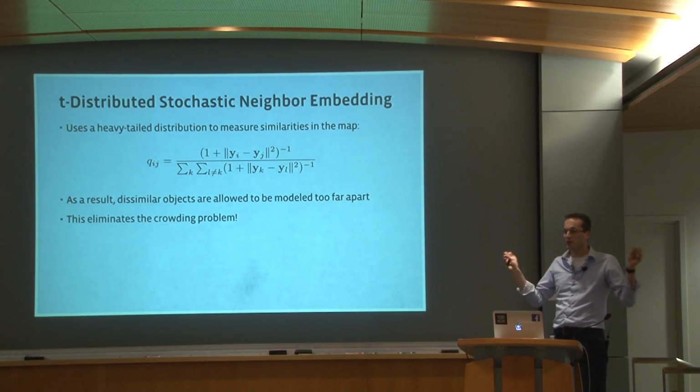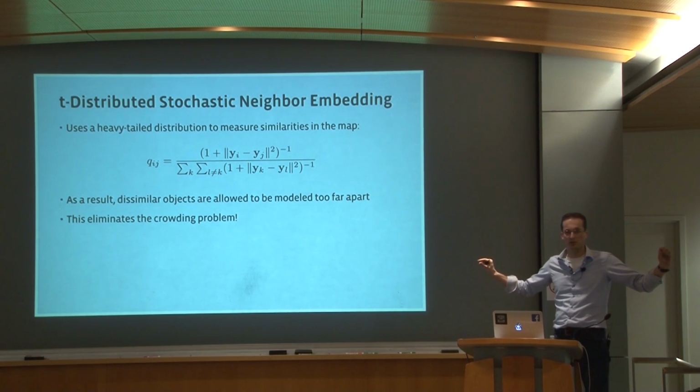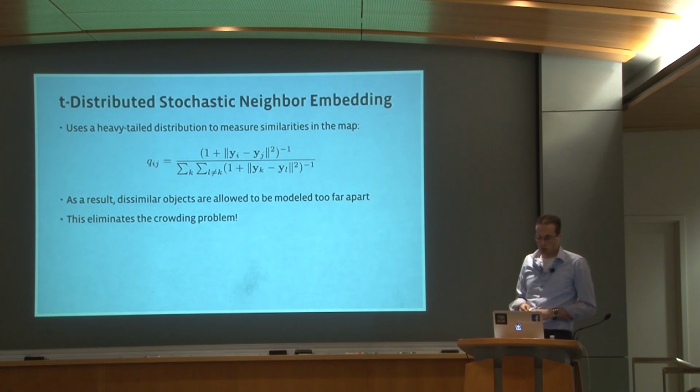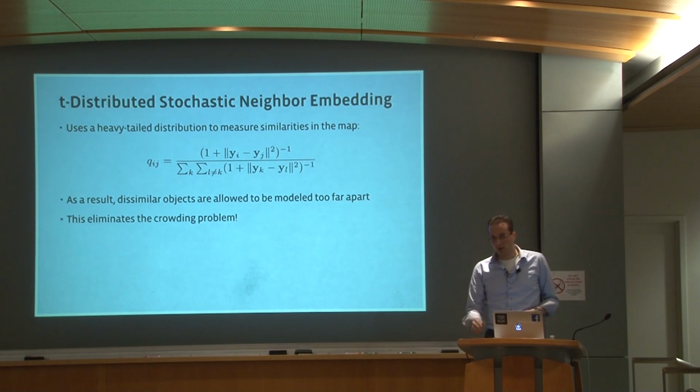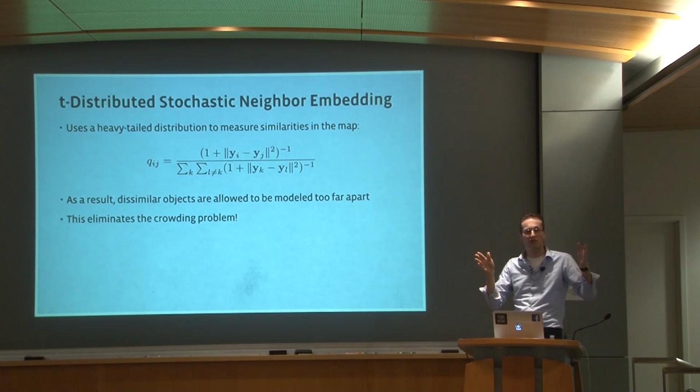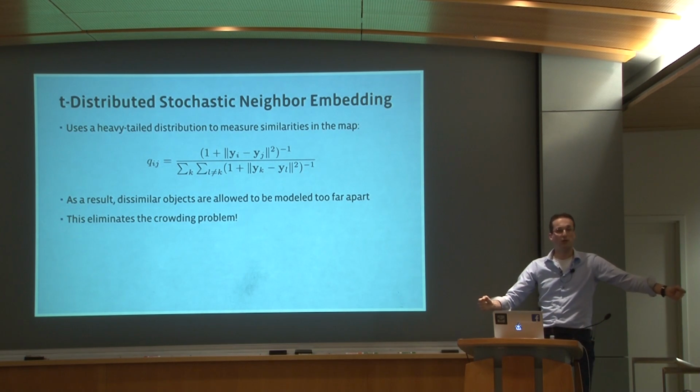And as you may remember, a t-distribution is a heavy-tailed distribution, right? So what that means is that if I have 2 points that are dissimilar, that are far apart in the original data, let's say they had a distance of 20, and that gave me under the Gaussian a density of 0.01, then to get the same density of 0.01 under this student t-distribution in the 2-dimensional map, I probably need to put them 40 or 50 apart, right?